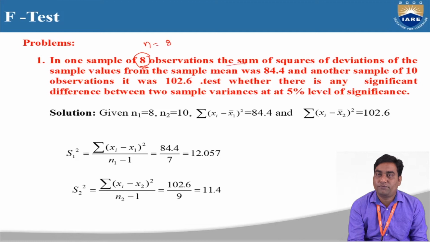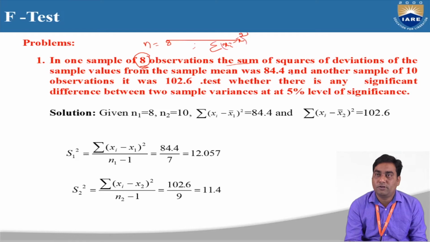The sum of squares of the deviations, xi minus the sample mean x bar, whole square, is given as 84.4.